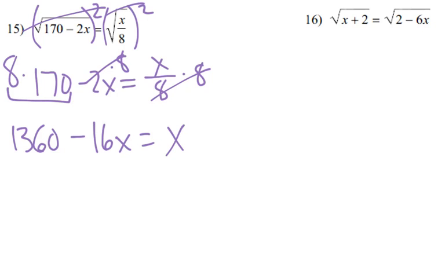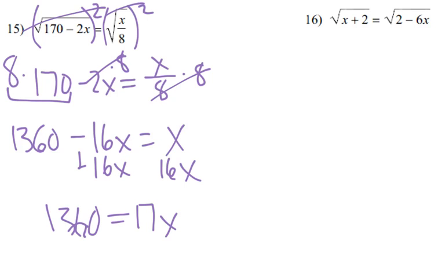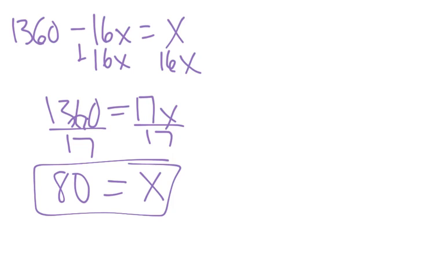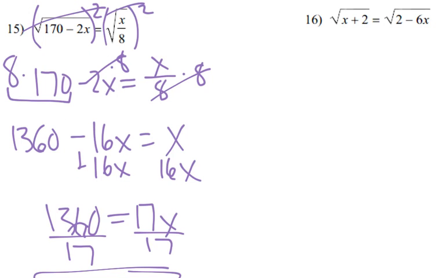So 8 times 170 is 1360. So add 16x. We get 17x equals 1360. So divide by 17. We'd end up with x equals 80. And there's our answer. Plug it in, it'll work.